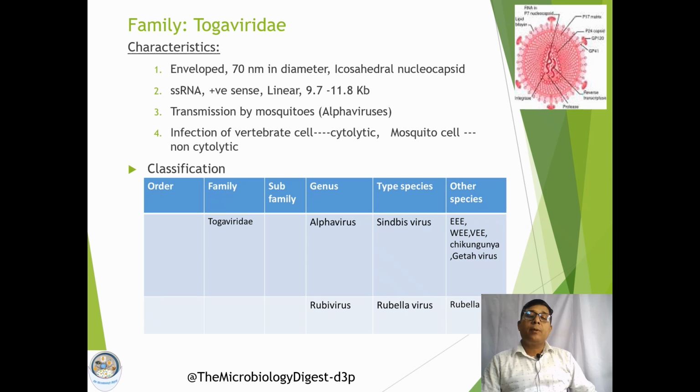Family Togaviridae is classified into 2 genera, with no subfamily: Alphavirus and Rubivirus. Alphavirus type species is Sindbis virus. Rubivirus type species is rubella virus. Other viruses include mostly those associated with encephalitis: Eastern equine encephalitis, Western equine encephalitis, and Venezuelan equine encephalitis. These are all included under this family.